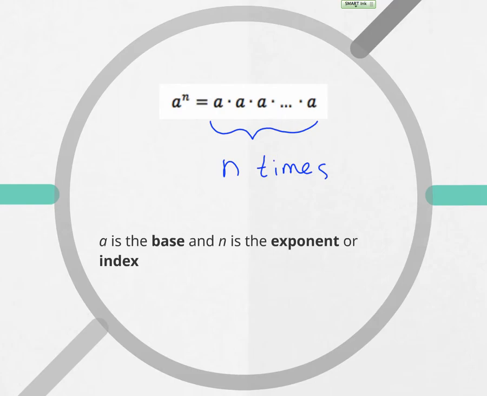Keep in mind that a is the base, and n is the exponent or the index. Have you heard the exponent called the index before? No. I usually use exponent, so you won't have to worry about it with me, but in case you run across that language somewhere else, the word index also means exponent.